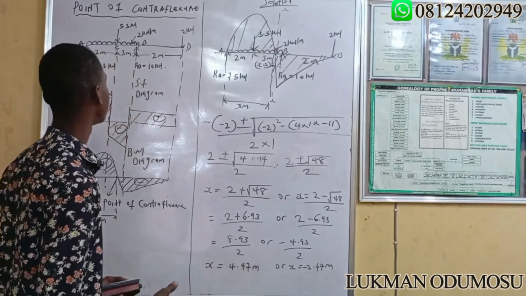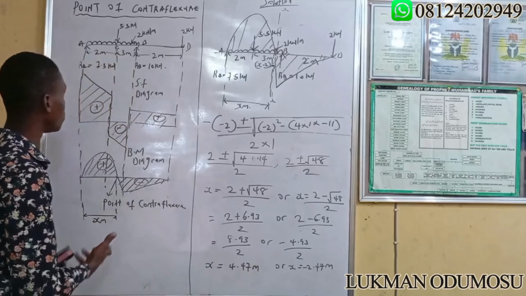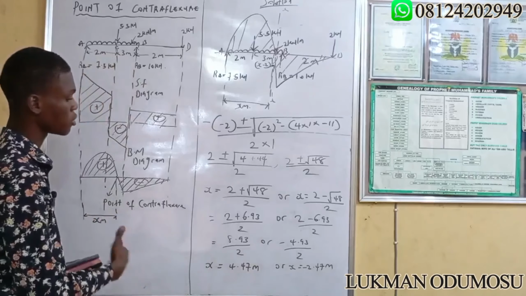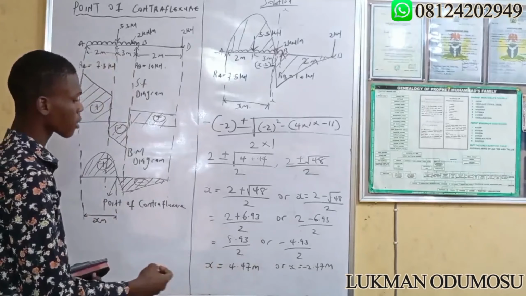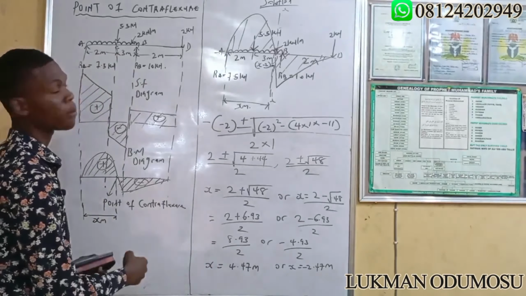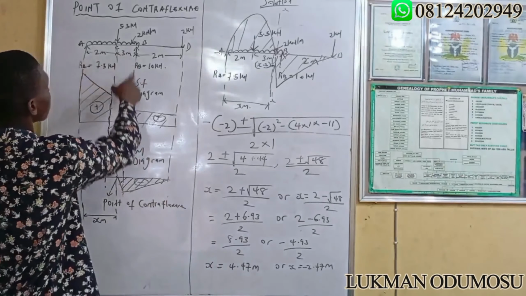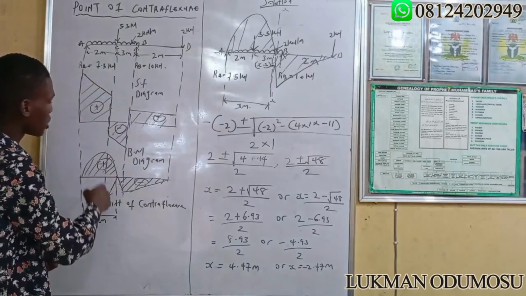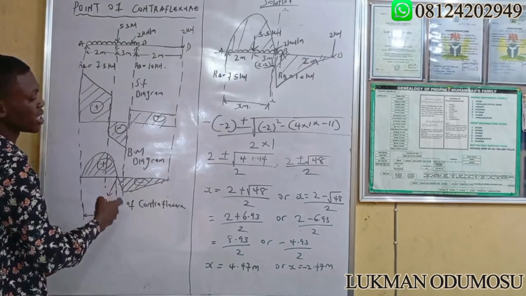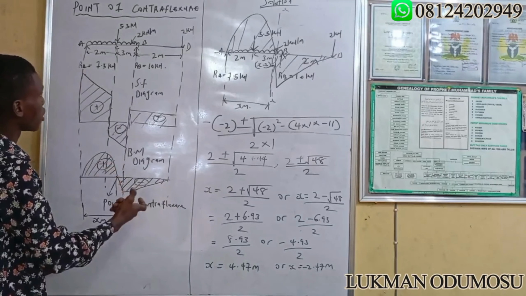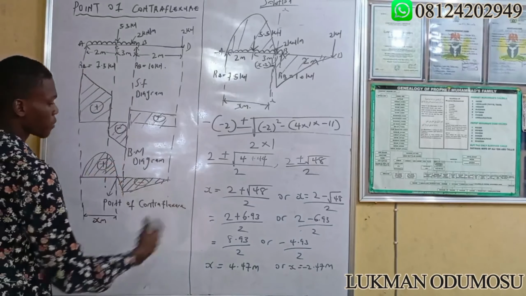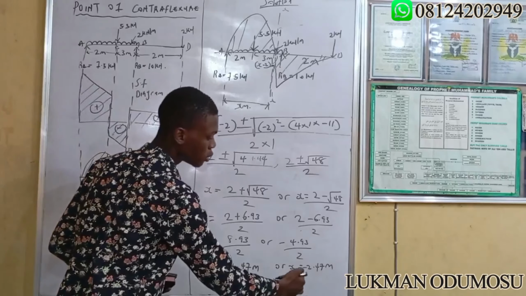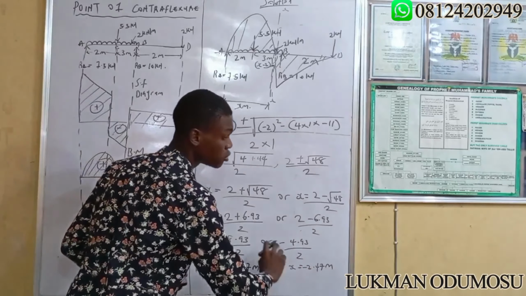But what we know here is that the value of x is not going to be negative. The value of x is positive, meaning from here to here it was 5 meter, and we said the point of contraflexion occurs at this point. What it means is that the value of x will be less than 5, but it will also be closer to 5, meaning x is equal to minus 2.47 meter is wrong.